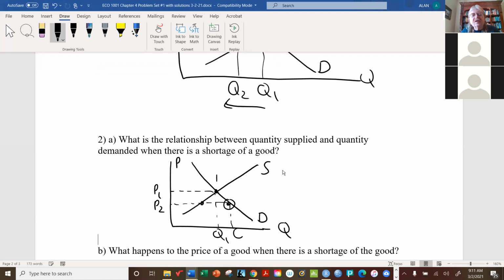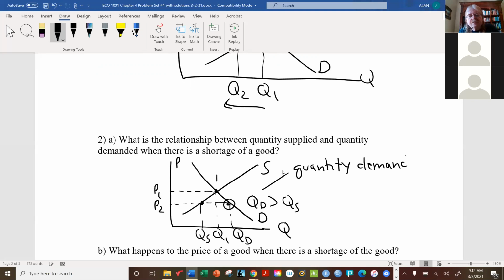I'll call this QD and QS, which clearly are not equal to each other in this case. QD is clearly greater than QS, and by which I mean, by the way, this is quantity demanded, and this is quantity supplied. And in this case, this implies a shortage.